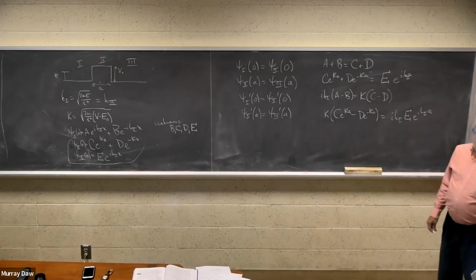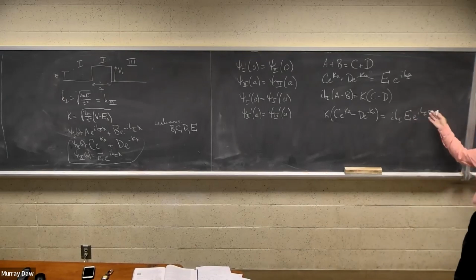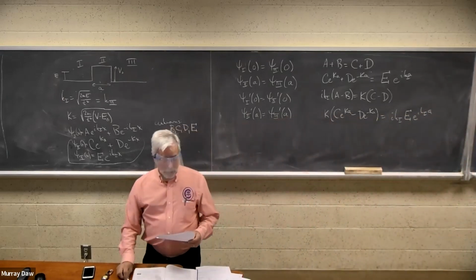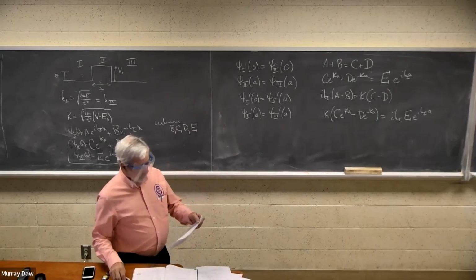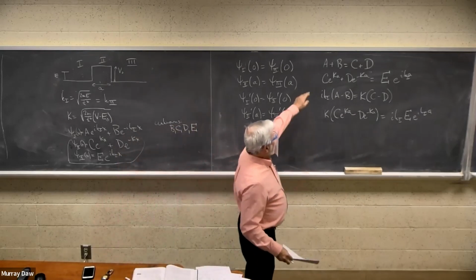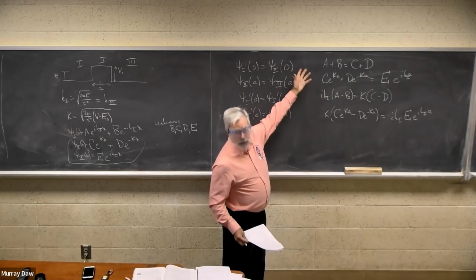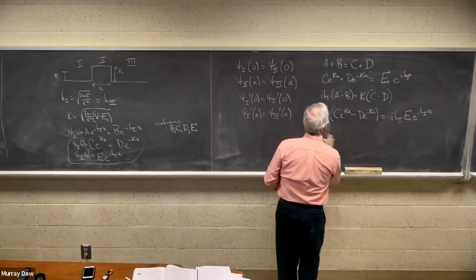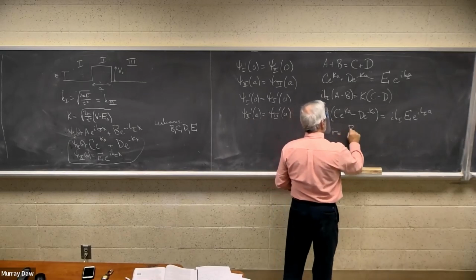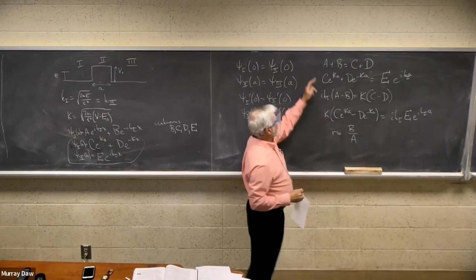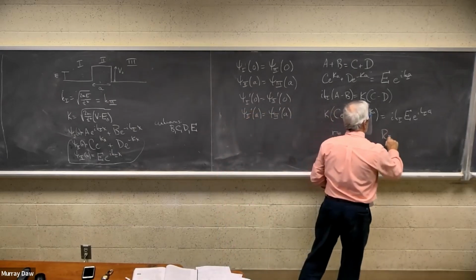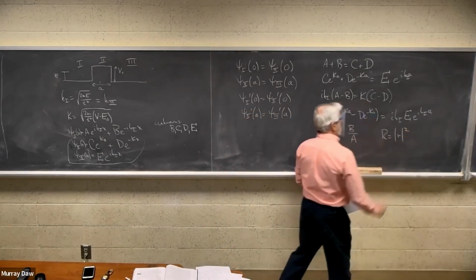Okay, so then it's just linear algebra. Now it's messy. This is too much. I wouldn't give a problem to go beyond this, but you write out these equations, but not solve them. And the reflection coefficient is B over A, whatever you solve for B here, divided by A, and the reflection probability is the square of that.